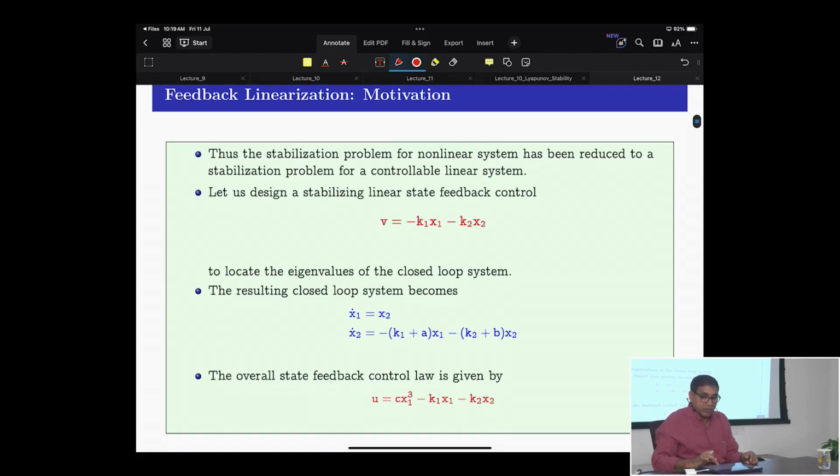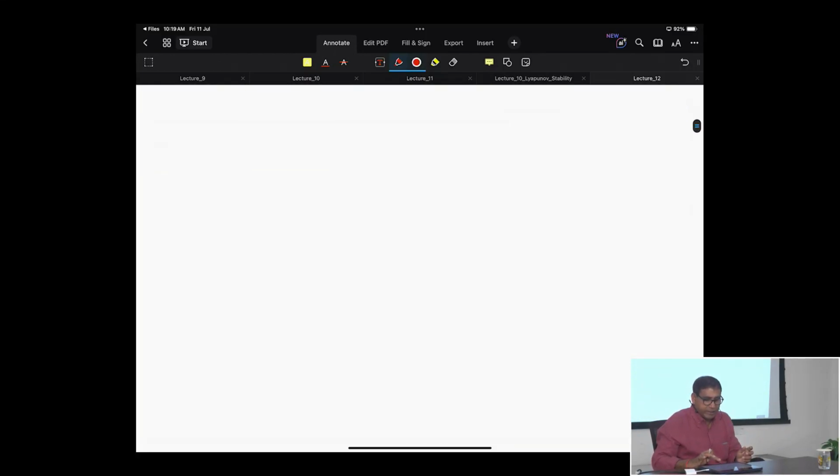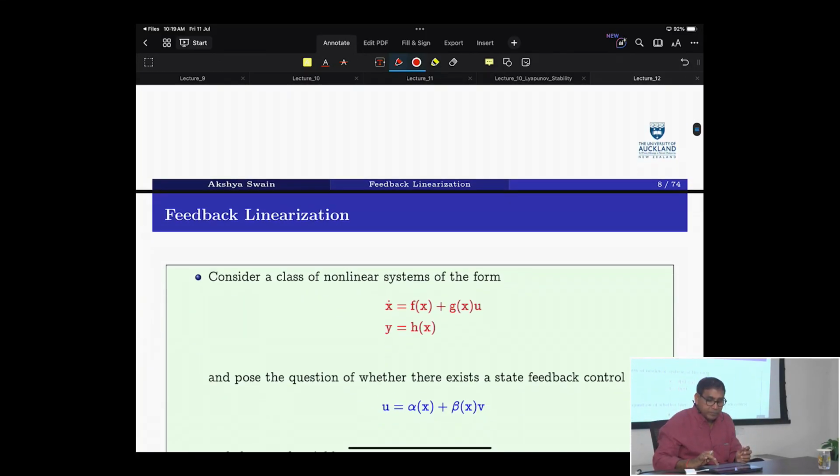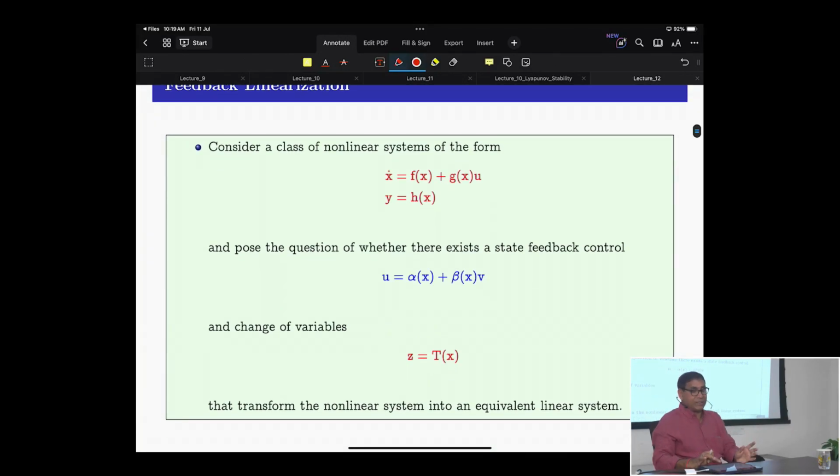Then you design the controller. Any controller can be designed, doesn't matter. Again, you see, while fitting any model to a system, as I told you, you must decide why you are fitting the model.